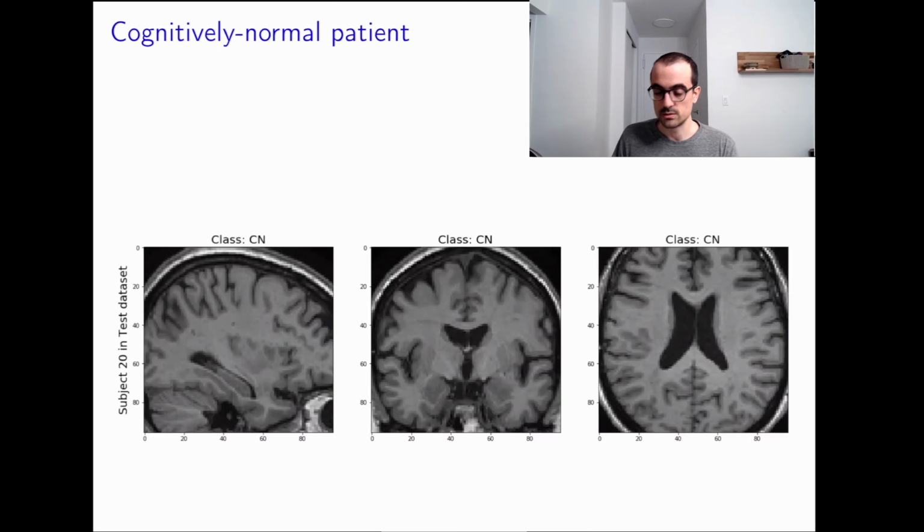So what does an MRI scan look like? This is how an MRI scan looks. It's in 3D. I'm going to draw your attention to this part of the brain here, which I think is here and here. That's the hippocampus. This part unfortunately shrinks when you have Alzheimer's. This is the brain of a cognitively normal patient, a patient that does not have Alzheimer's.